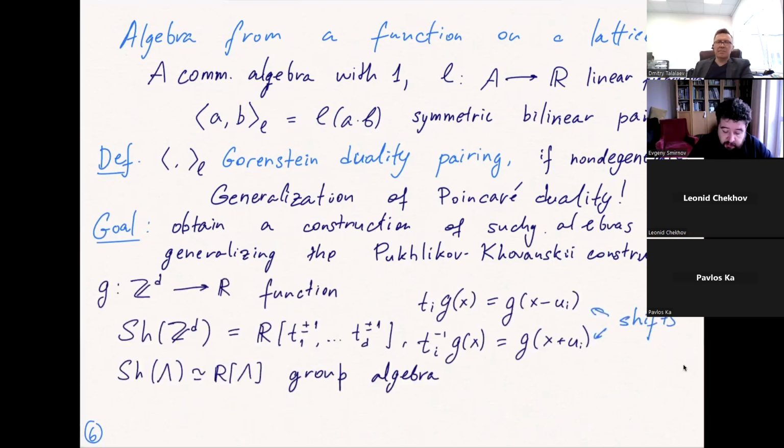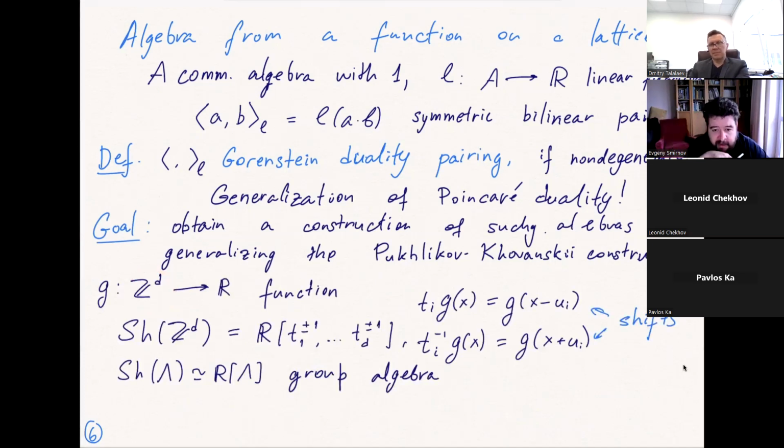So let us start with a lattice Z to the power d, and I take a function on my lattice. Function means arbitrary function. That means that in every point of my lattice, I have a number. So this is just a function.